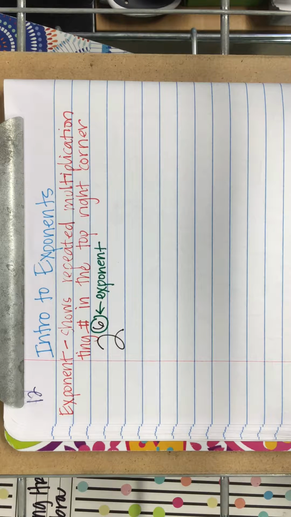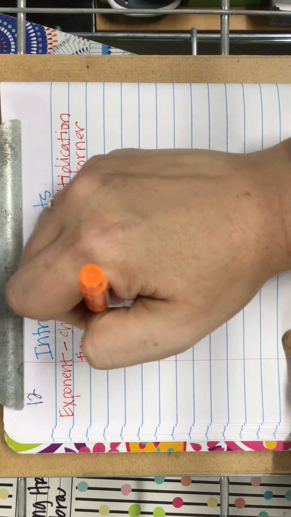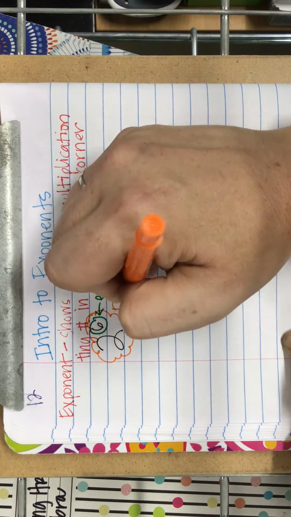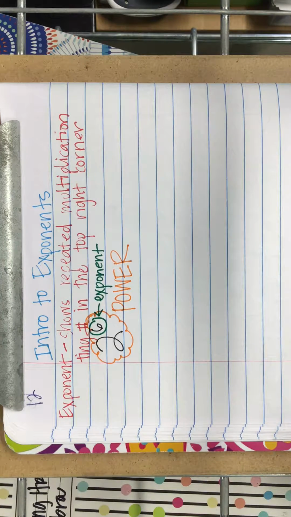Do you know what the whole thing is called? 2 to the 6th? It's called a power. The whole thing is called a power. Because you could say 2 to the 6th power, or 2 to the power of 6, right?